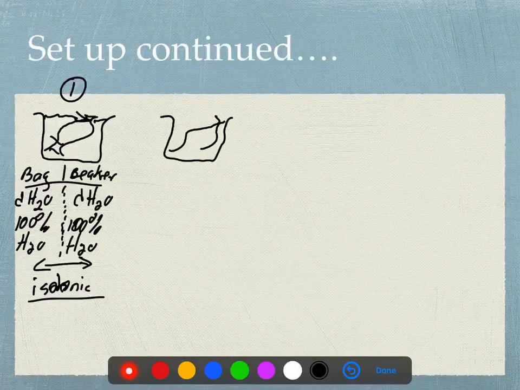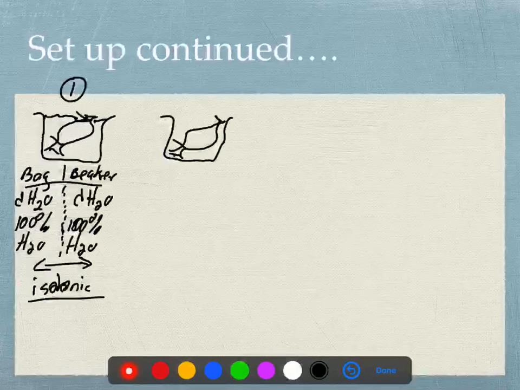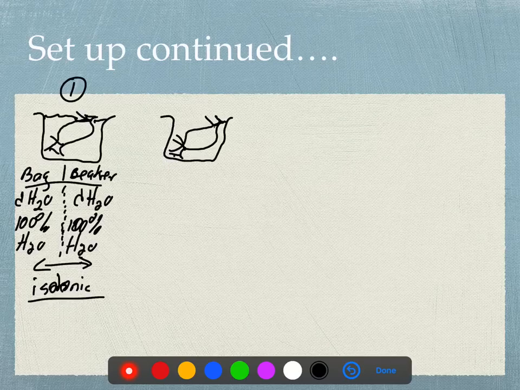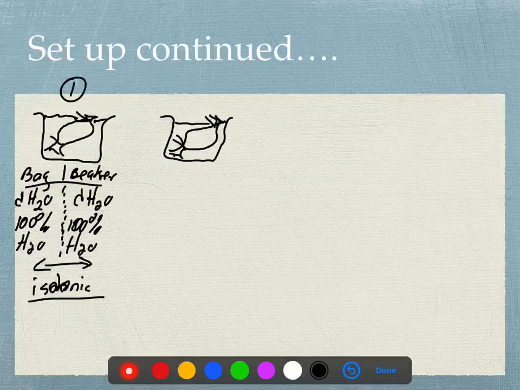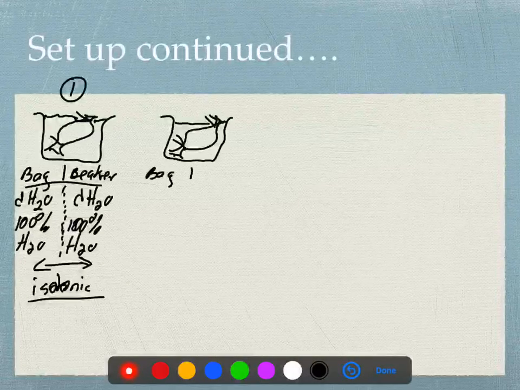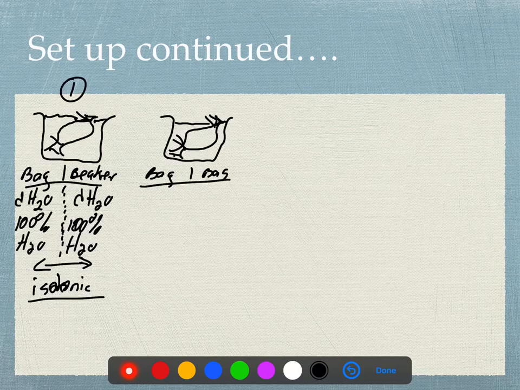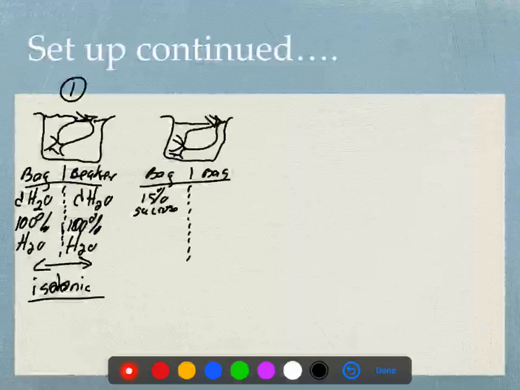What about bag number 2? Okay, bag number 2 would also have a dialysis bag tied up at both ends, but this bag would have 10 milliliters of 15% sucrose.